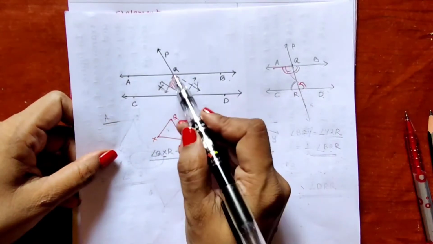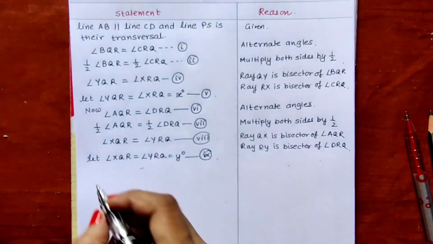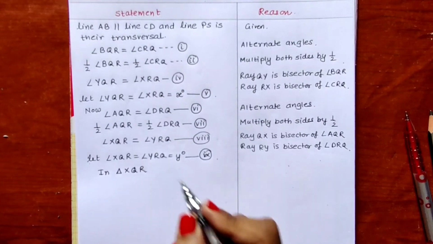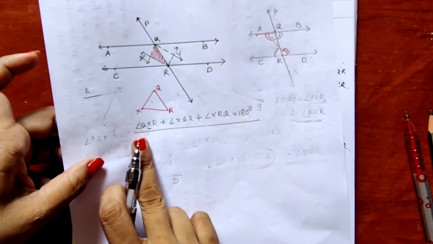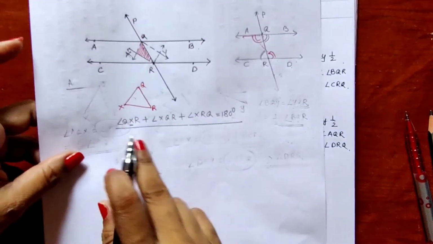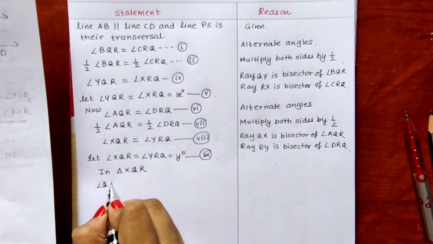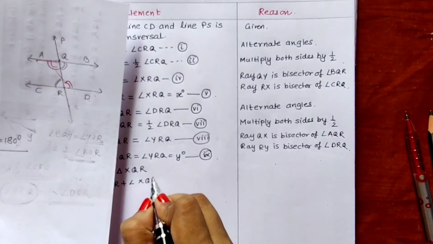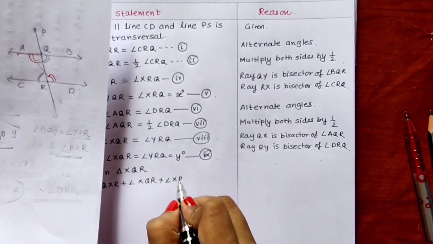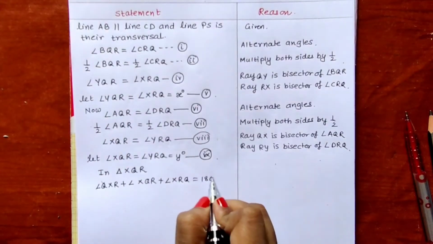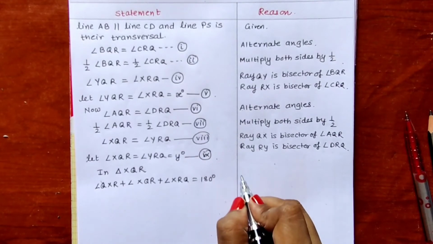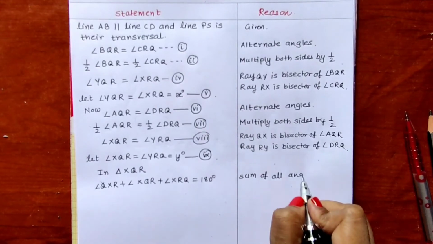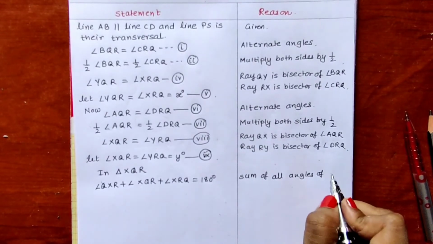In triangle XQR, we will be writing all these three angles: angle QXR plus angle XQR plus angle XRQ is equal to 180 degree. The reason for this is sum of all angles of triangle.